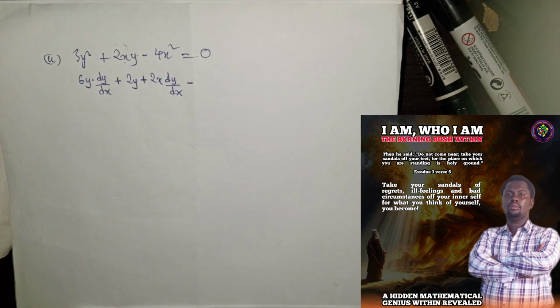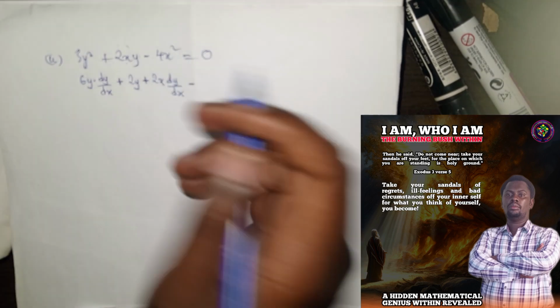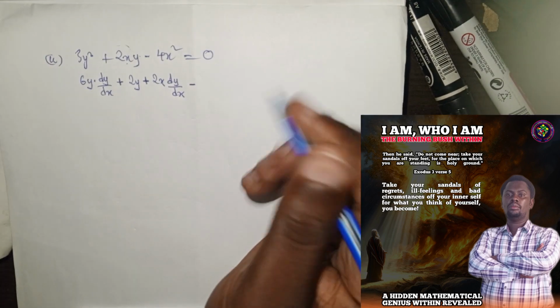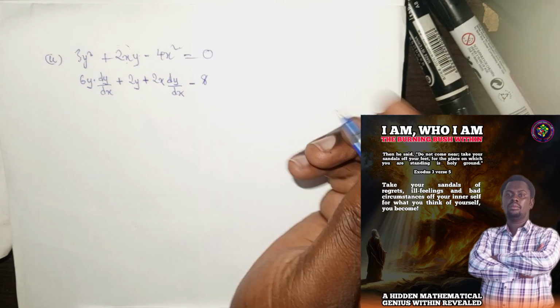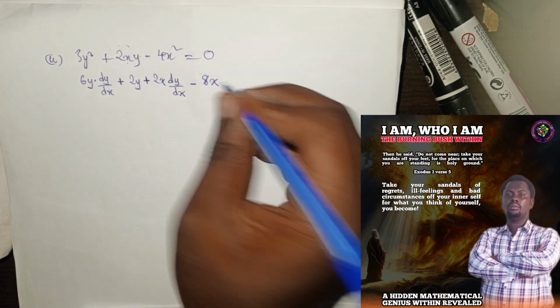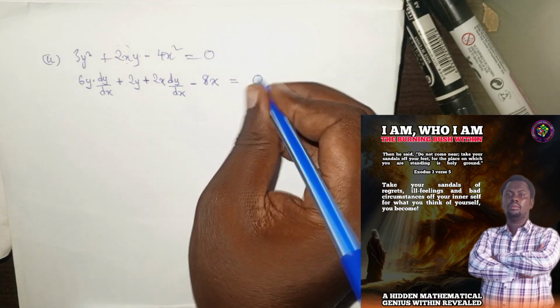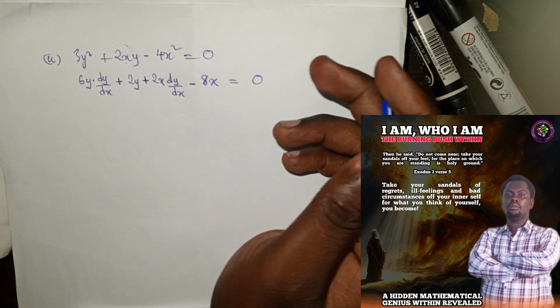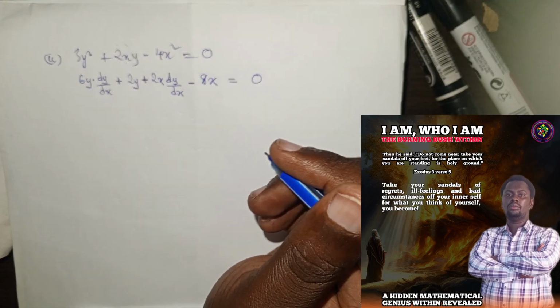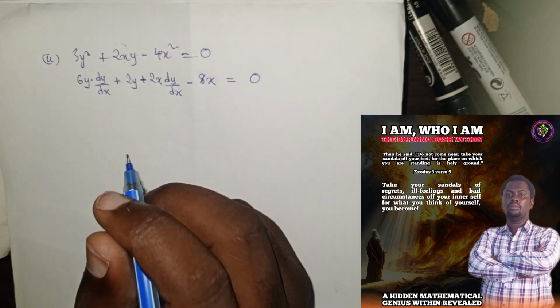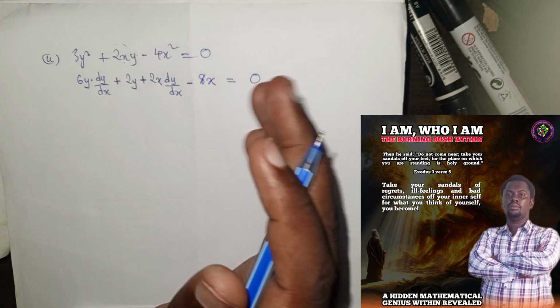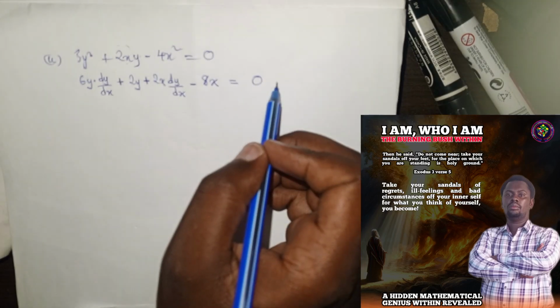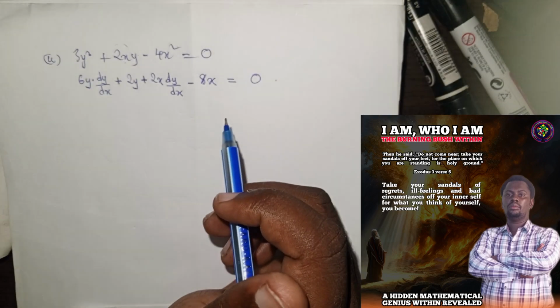minus, here 4x squared. This is just straightforward. 2 times 4, that is 8. 2 minus 1, that is 1. So you get 8x is equal to 0. The derivative of 0 is just 0. Okay, so everything that has no dy/dx, we are going to take it to the right hand side of the equation.